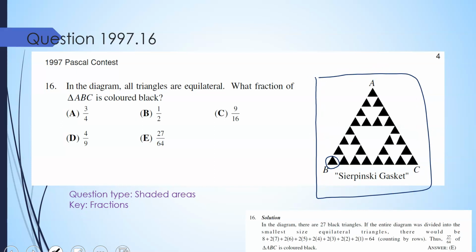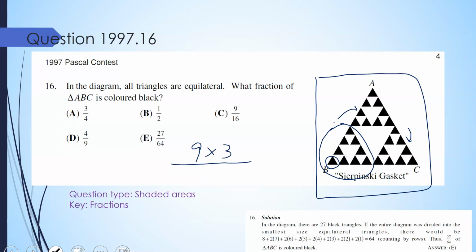So the number of black triangles we can count in these small triangles, we have 1, 2, 3, 4, 5, 6, 7, 8, 9. So altogether we have 9 times 3 in 3 areas. We do not need to count all of them, but if you do want, feel free.